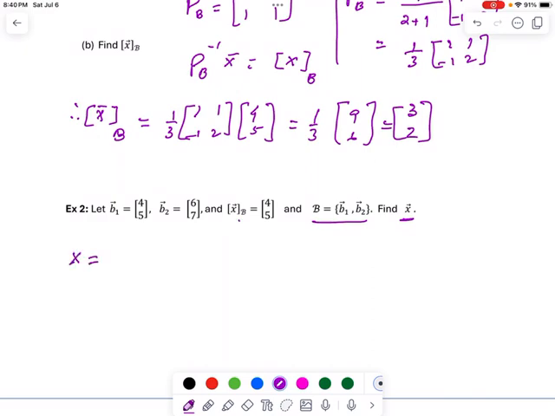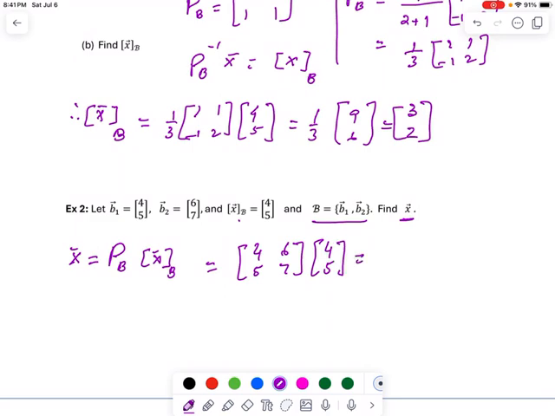Remember x is equal to P_B times X_B. So we have the X_B given. What is P_B? It is just 4 5 6 7 times X_B, which is 4 5.